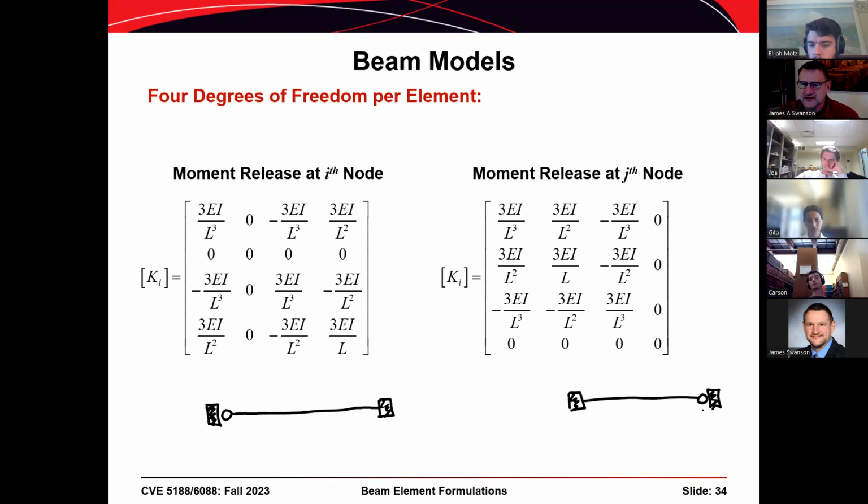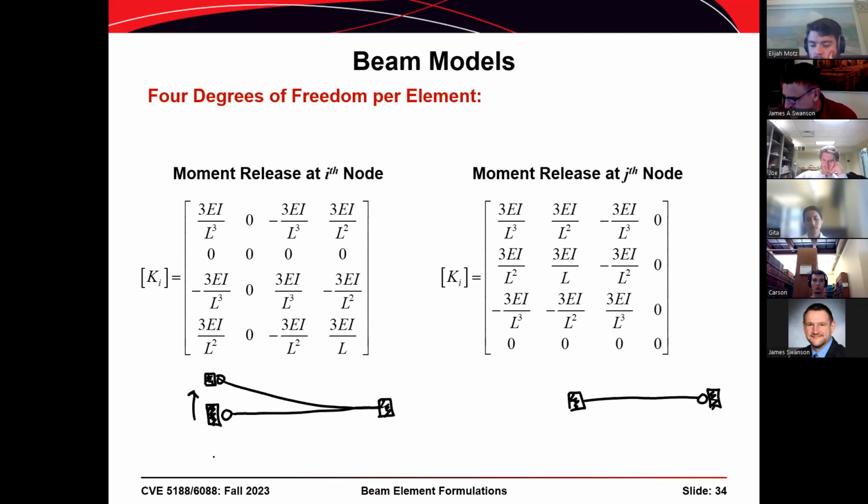So over here on the right, if we impose a unit displacement corresponding to the first degree of freedom, then that node moves up like that. This node stays here, but when we sketch in our deformed shape, it doesn't look like it did the last time. Instead, it's going to look like this, right? Because this is free to rotate relative to the node. So even though the node doesn't turn, the end of the beam turns relative to that node.